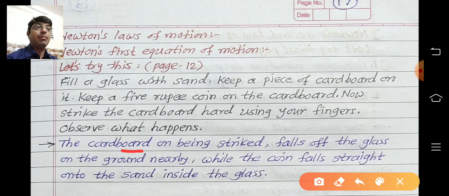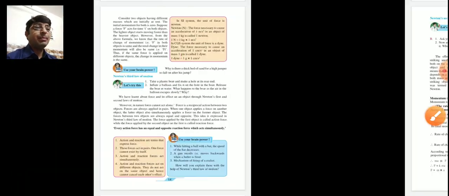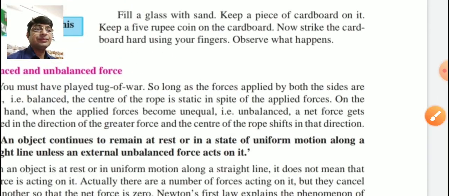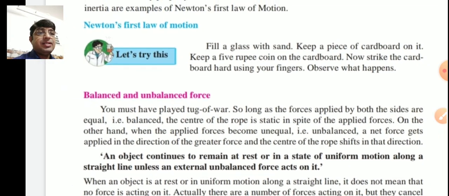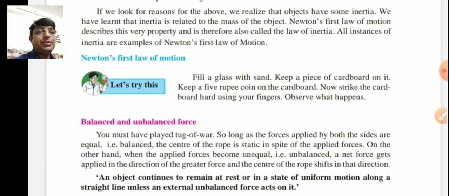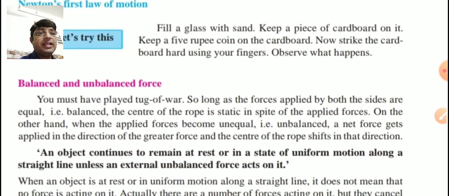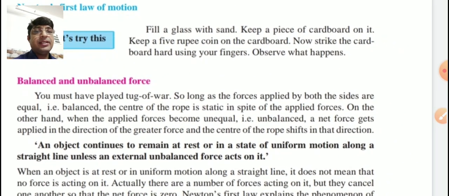Because of the mass of the coin, and the concept related to mass and force is inertia.